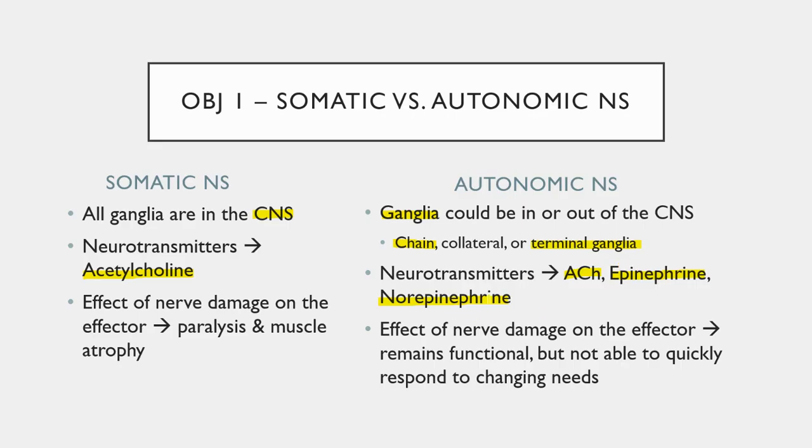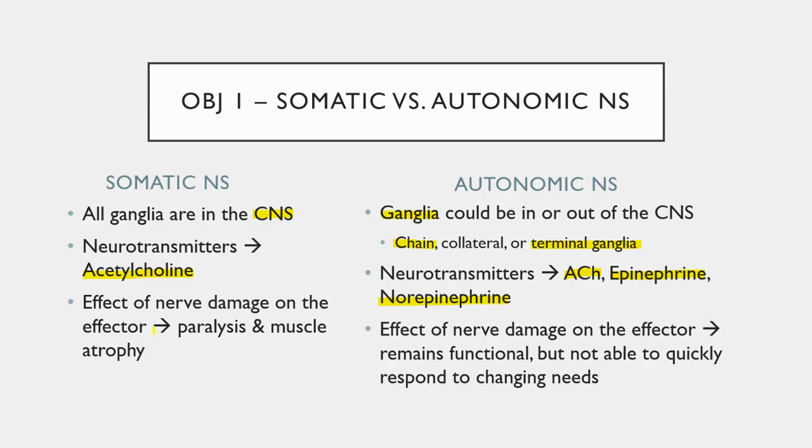And epinephrine and norepinephrine are similar compounds. The norepinephrine is lacking a methyl group, but cells that can respond to epinephrine can also respond to norepinephrine and vice versa. So they're similar enough that they're able to trigger the responses in the same types of cells. They may not have the exact same effect, but it's going to be similar. Just know that these two are the same as adrenaline and noradrenaline.